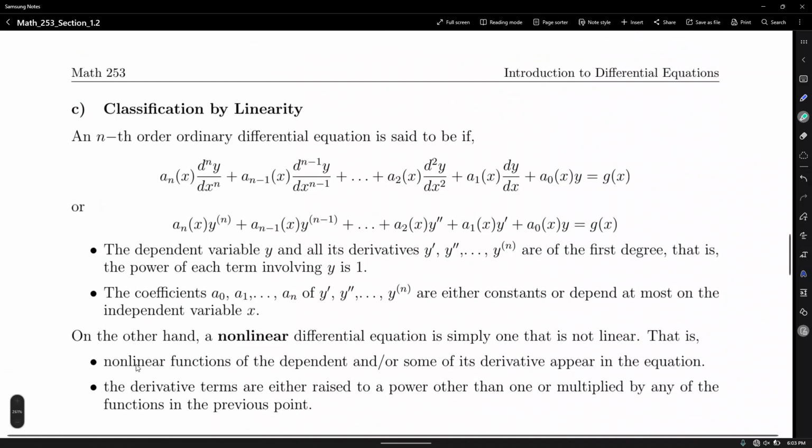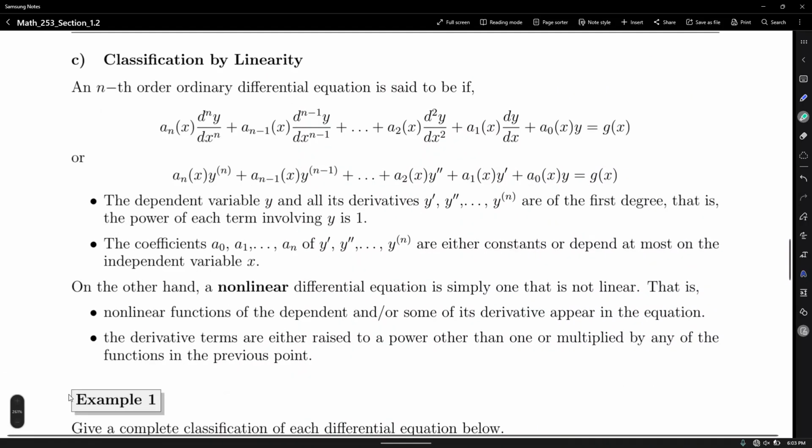A bunch of symbols, a bunch of explanation here. What is this about? This is what we call the nth order differential equation. That is, we have the nth derivative and then one derivative less, and so on and so forth until we get to the second derivative, first derivative, and essentially the zeroth derivative, which is just the actual function we're looking for.